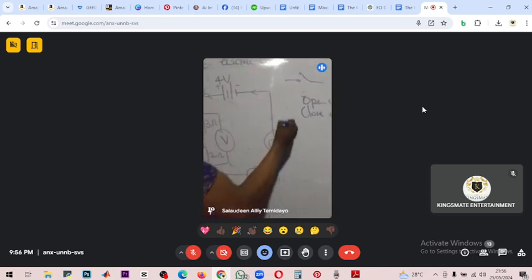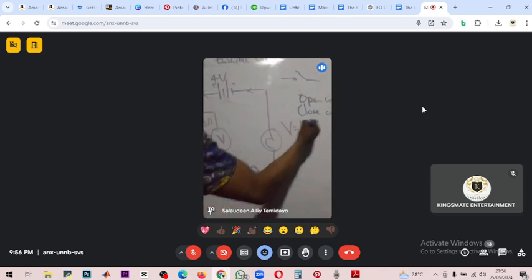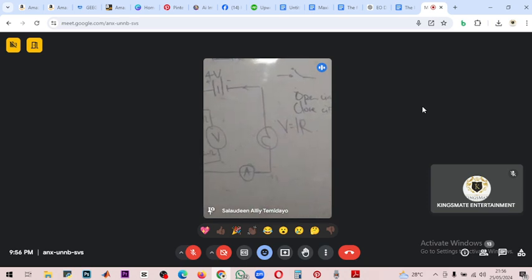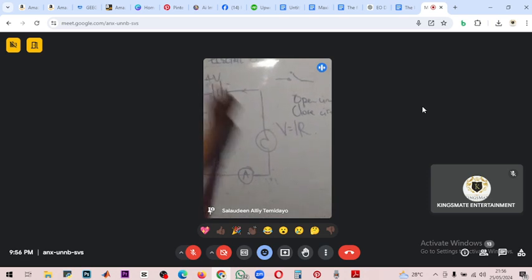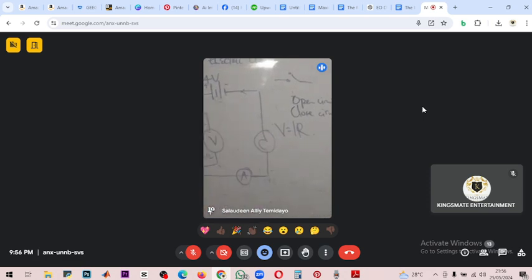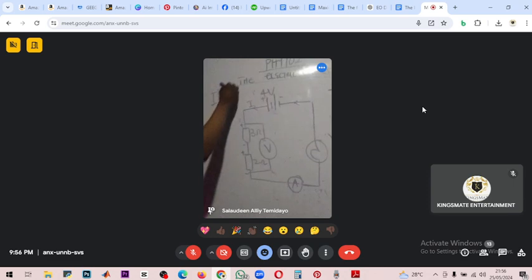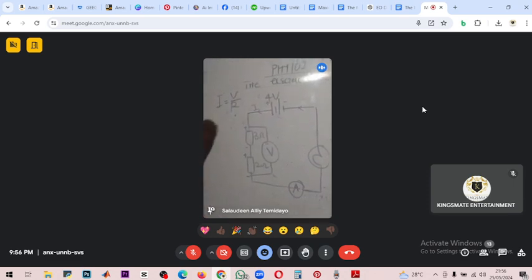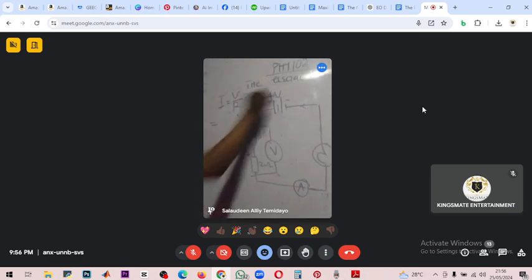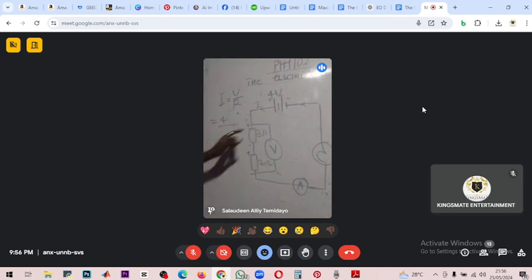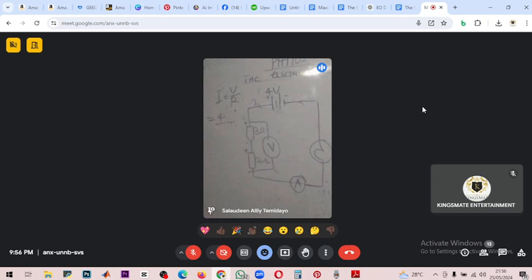We use the formula for Ohm's law, that V equals IR. So we have our V, which is given to be 4. We are looking for the current, so I equals V over R. V is 4, divided by R. They are connected in series.